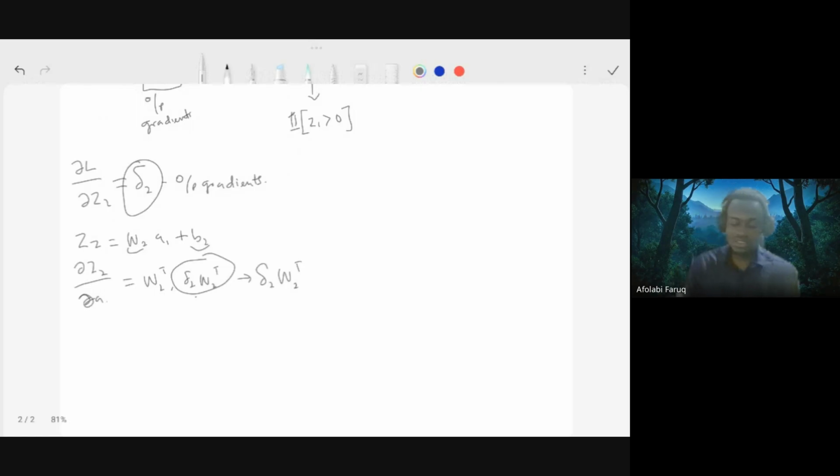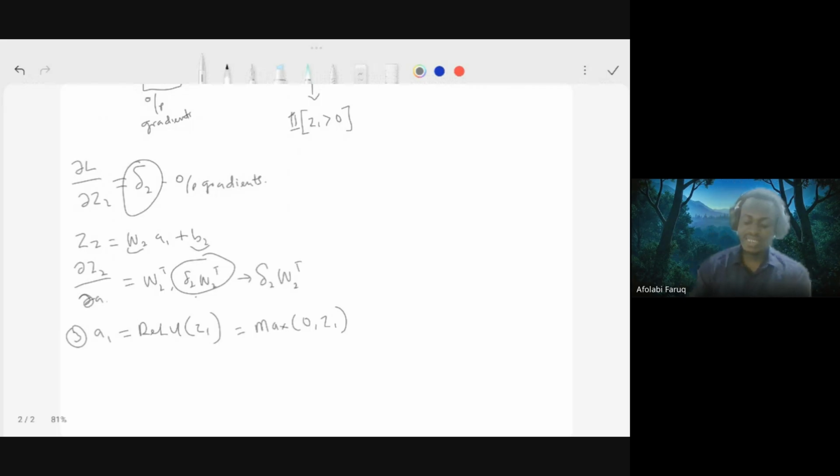And then for the third layer, we said A1 equals ReLU of Z1, that is basically max of 0 and Z1. Of course, the negatives are filtered out and the positive values remain. So if Z1 is greater than 0, then it remains. If Z1 is less than 0, then 0 remains. That's max, right?